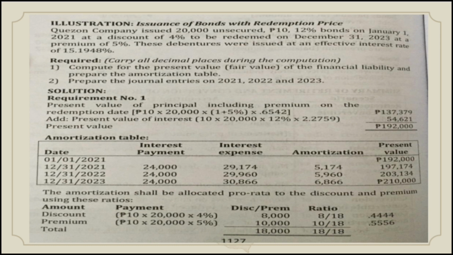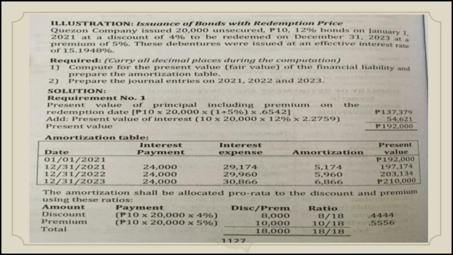And then we add the present value of interest. So we multiply 20,000 by 10 times 12%, which is the interest on the bonds as of January 1, 2021, and then times the PV of OA1, which is 1 minus 0.6542 over 15.1948%.